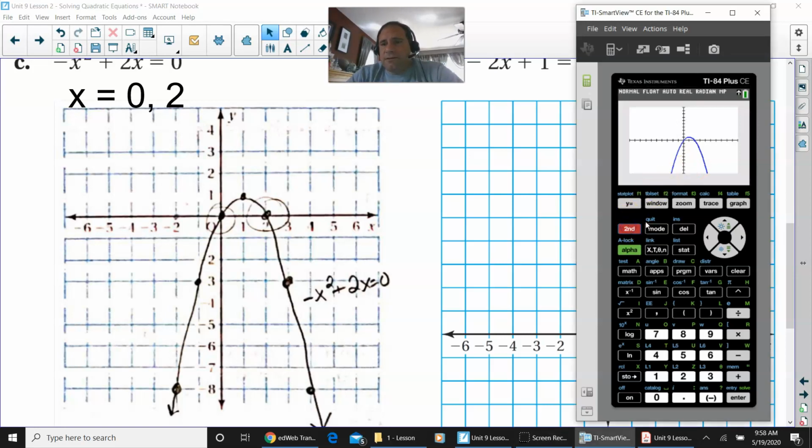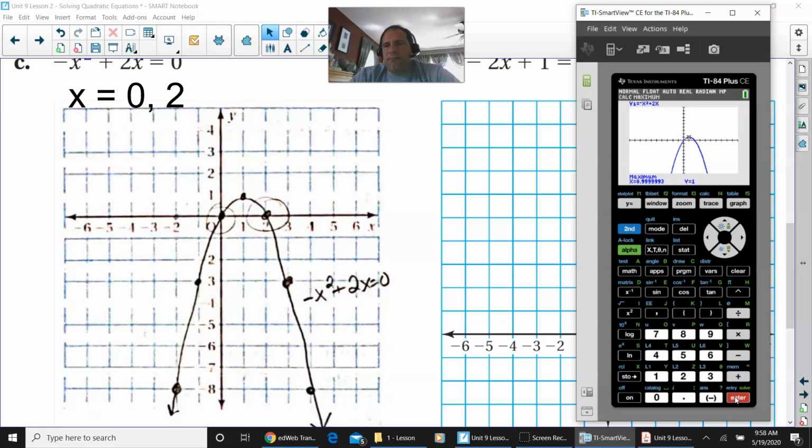You could press second and trace, and since this is a parabola that's facing down, it has a maximum, so that's where you would go maximum. So you press 4. Left bound, that's pretty much set up left, so you press enter. Right bound, you would go right about here and enter, and then you would guess, you'd put it right about there and you'd enter, and you'd say that that is 1, 1.